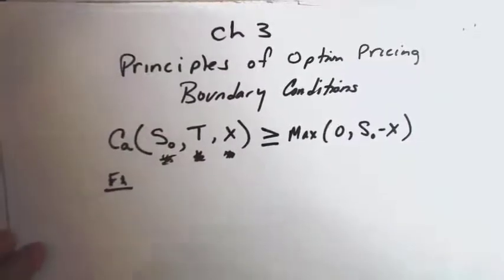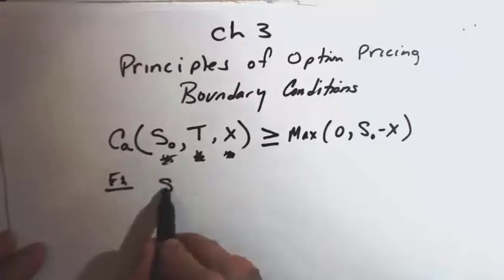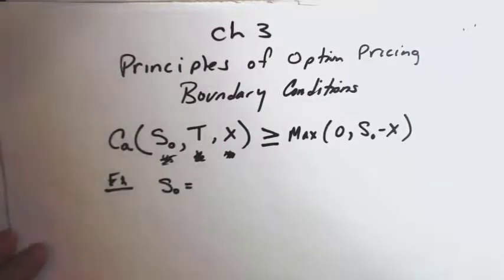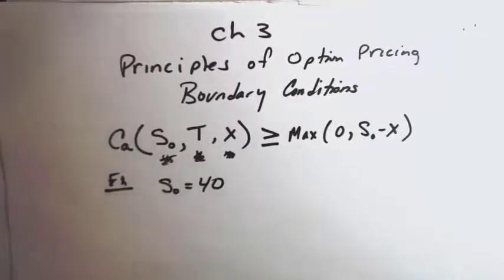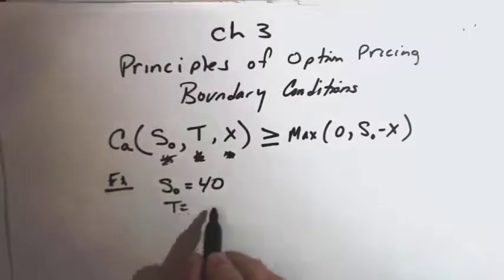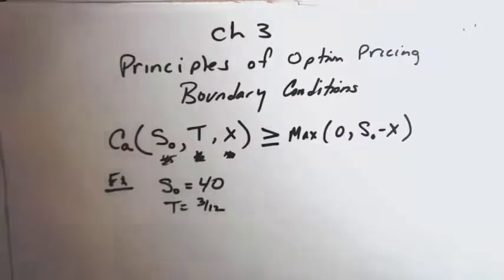Okay, suppose ABC stock trades at $40. Well, as soon as you see a stock price and it's today, S subscript 0 is 40, and you own a 3-month option. Well, that means T is 3 out of 12. Almost always in this course, we're going to have various options and futures and swaps that have maturities, and T is usually a fraction of a year.